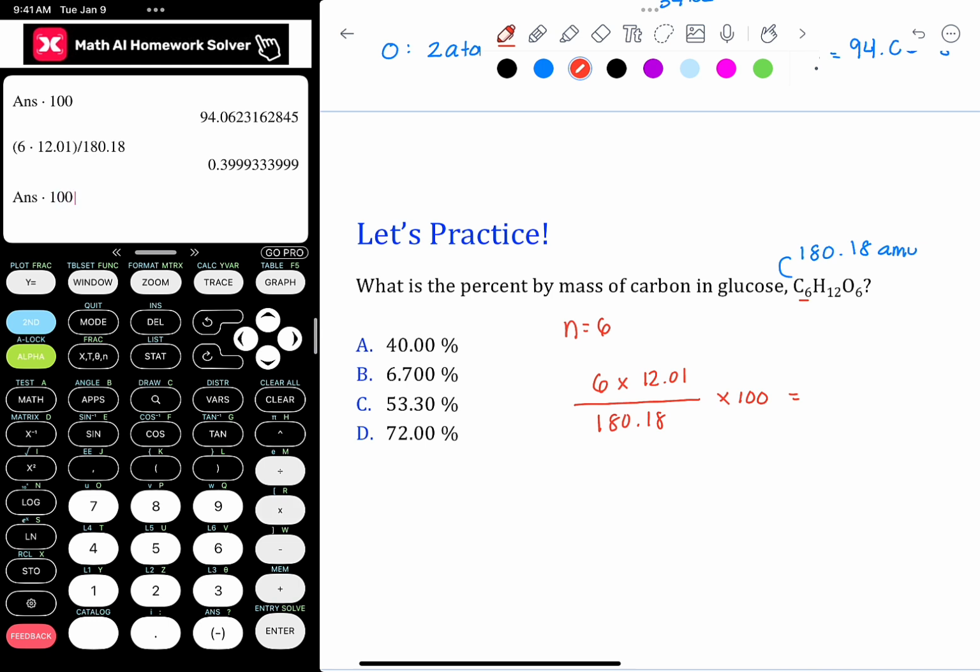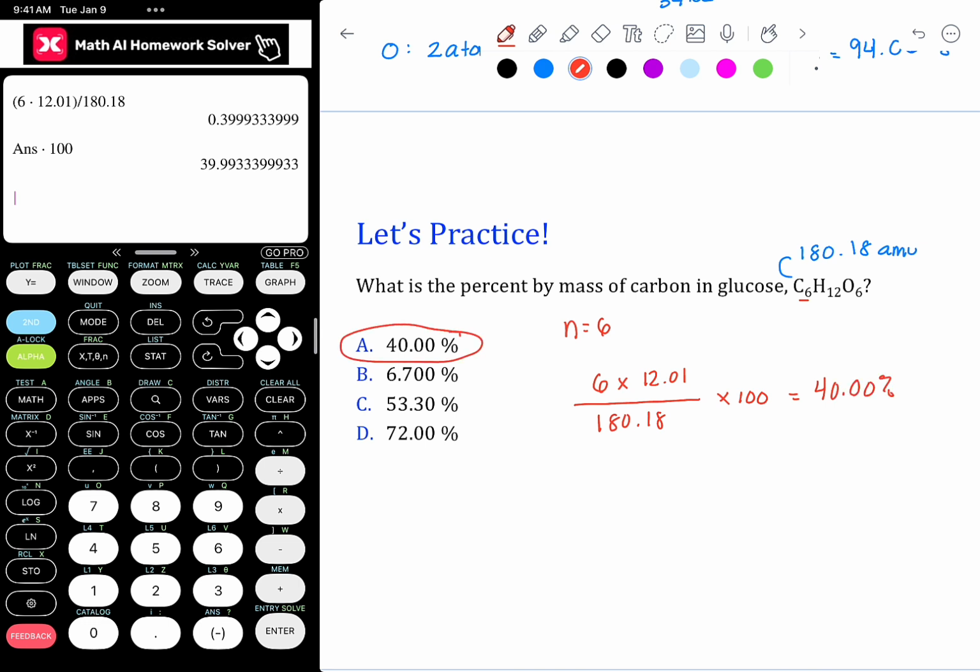We get 39.993, so let's call that 40%, which is answer A.